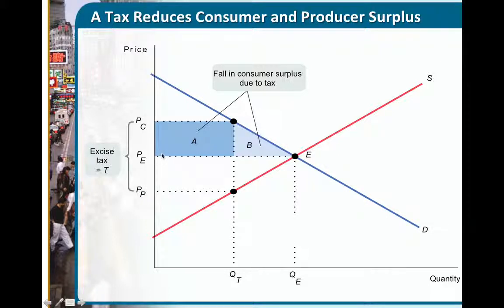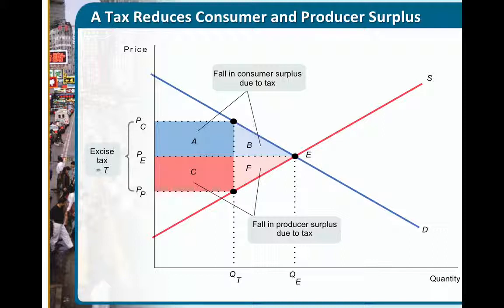And here's the fall in producer surplus. So why is there a fall in consumer and producer surplus? Because this money is going to the government. That's the revenue. Whereas these are transactions that no longer take place because of the tax.